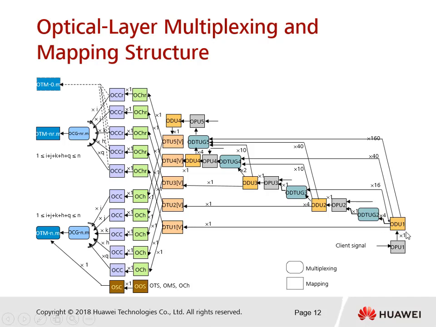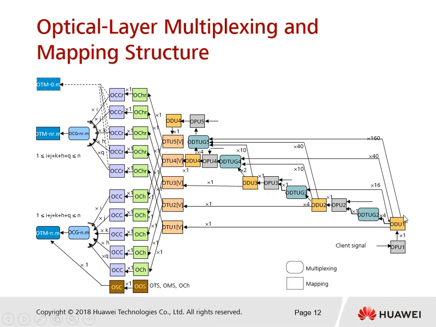So it has the OPU1. Then it will go to the ODU1. If the OCH capacity is 2.5G, we will choose mapping the ODU1 to the OTU1. Then this is one wavelength. If the line rate is 10G or 40G, here we will do the multiplexing. For example, we use 4 ODU1 to multiplex into one ODU2.